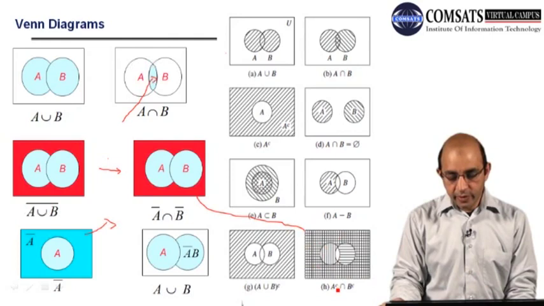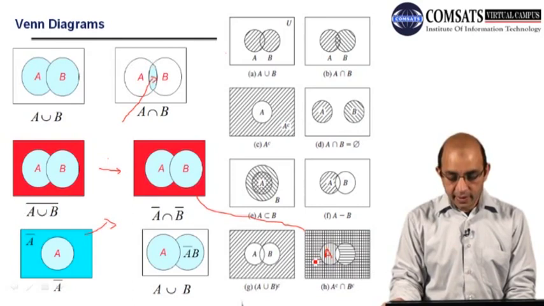If you talk about A complement, they are the vertical lines. If this is A, the A complement represents the vertical lines, and those lines are not passing through this circle, but they are passing through this circle, which is B.